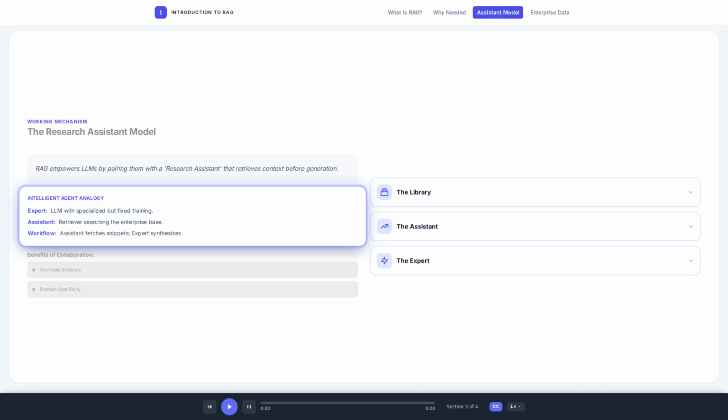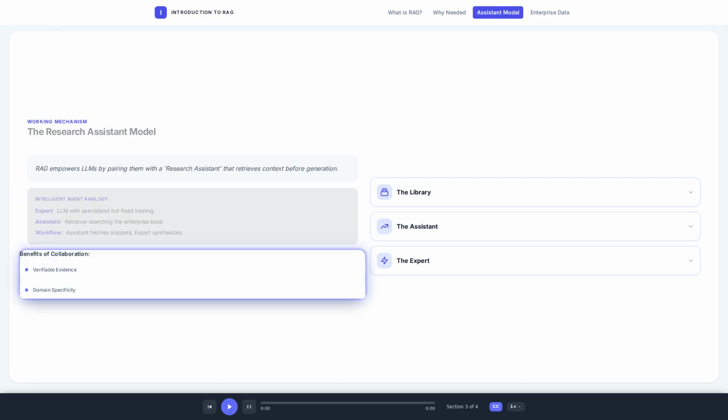Its job is to search through an enterprise knowledge base, find relevant snippets of information, and then provide those snippets to the expert LLM. The LLM then uses these provided snippets to synthesize a much more accurate and contextually relevant answer. This collaboration offers significant benefits. The LLM gains access to current information, ensuring its responses are grounded in verifiable evidence rather than just its training data.